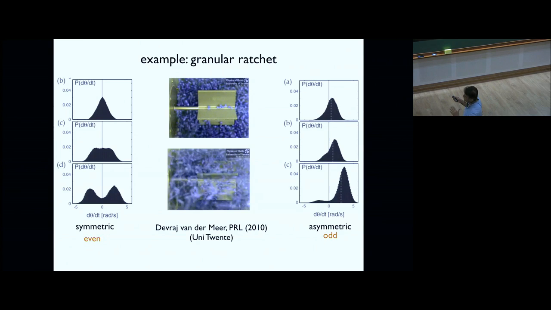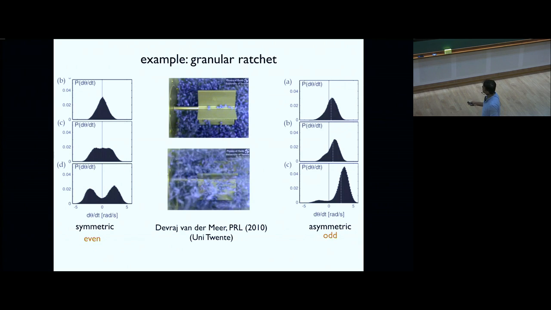So this thing being completely symmetric, if you look at the rotational velocity distribution, you'll see that as you increase the kicking of the whole stuff, of course the measurement depends on the time window over which one measures the velocity. But if you don't change the time window, you can see that the distribution of velocities picks up a sort of symmetric distribution where there is a positive and negative velocity peak.